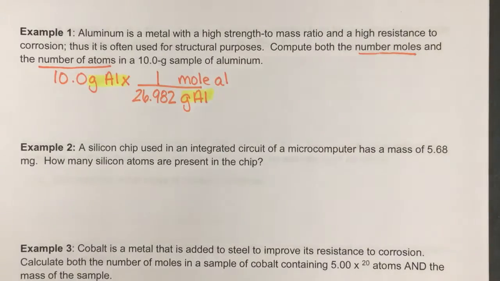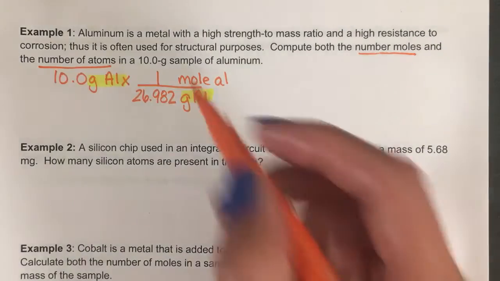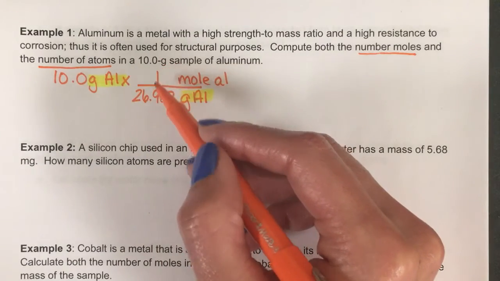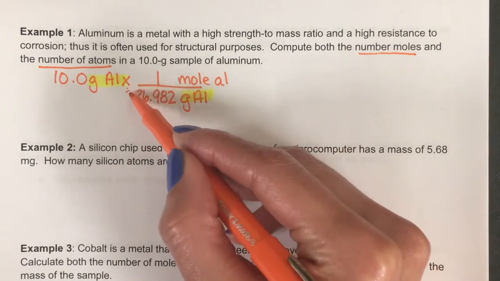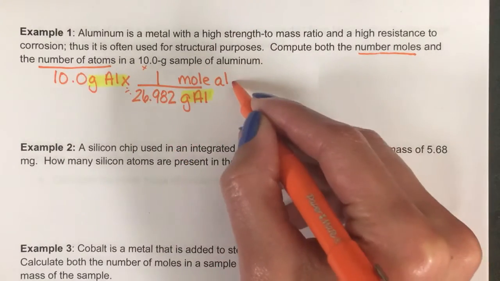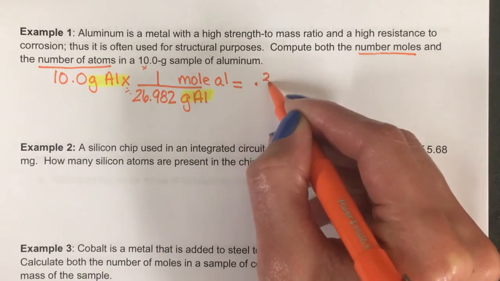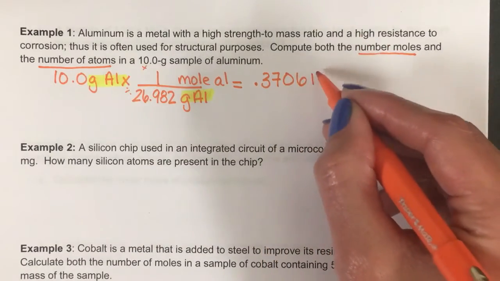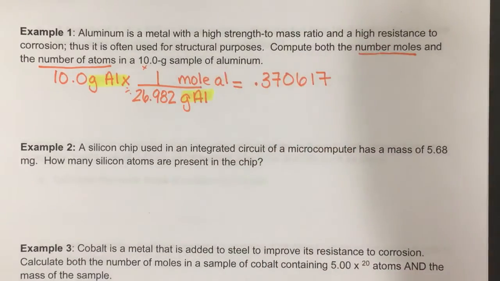Okay? So what I'm going to do, remember, numbers on top I multiply. 10 times 1 is 10. Numbers on bottom, I divide. So 10 divided by 26.982, I get 0.370617. I still want to keep track of significant figures.